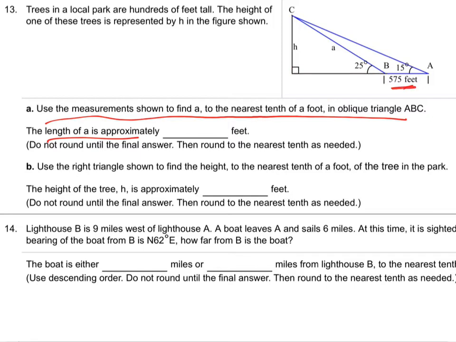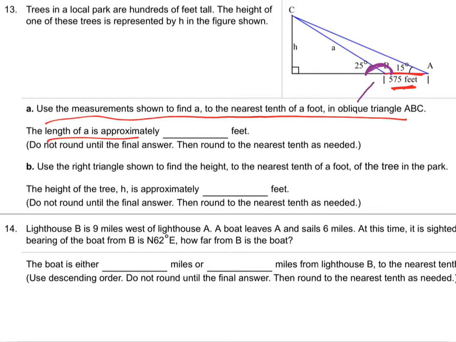I've got to start where I know a side. I know a side over here on the triangle to the right. So I know that side, okay? So I got to get some angles, therefore. If this right here is 25, these two together are halfway around, aren't they? They're 180 degrees.